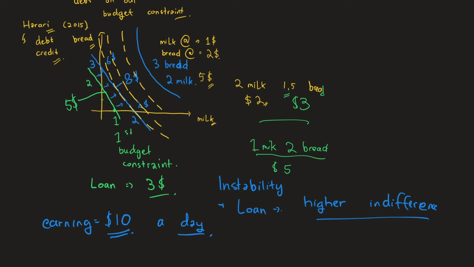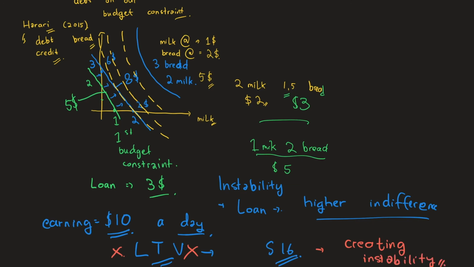Because of the loan, and in macroprudential policy, if there is no LTV, loan to value, then your salary is actually $10 but you want to borrow for $16. This creates instability, because people still consume higher than what they can afford.